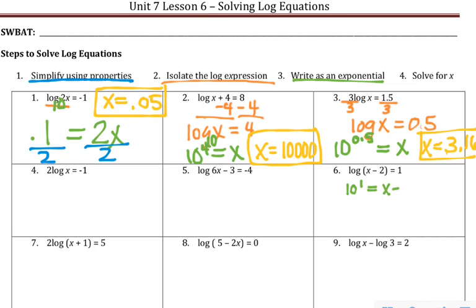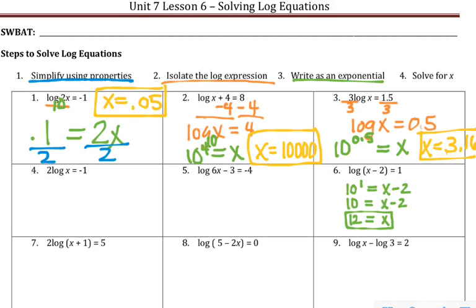X minus 2, you got it. 10 to the first power equals x minus 2. Well, what is 10 to the first power? 10. So I have 10 equals x minus 2. And so what is x going to equal? X equals 12 when we add the 2. Good. So if it's in parentheses, we can't get rid of it until we change it to an exponential.